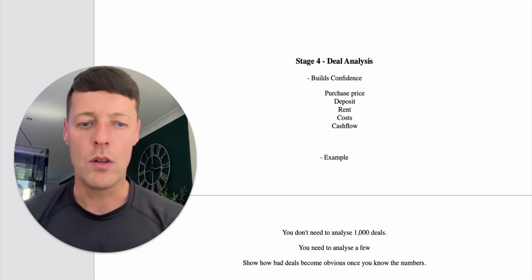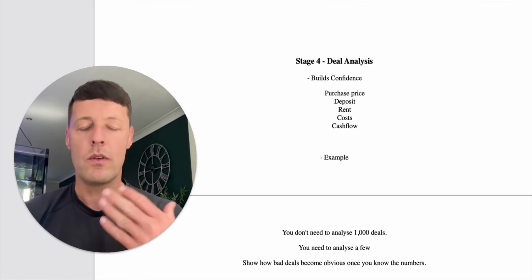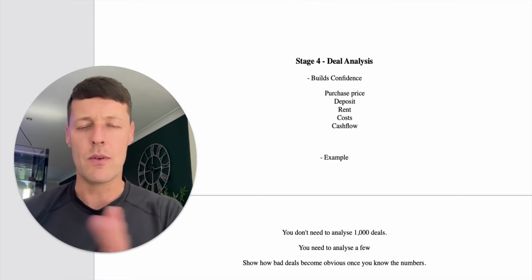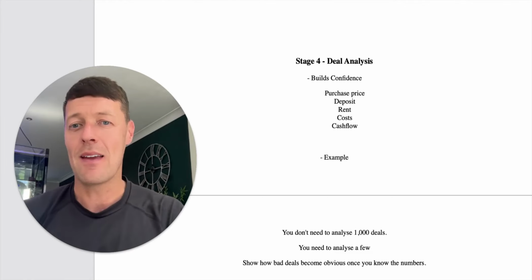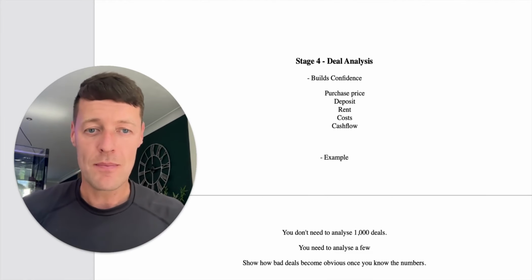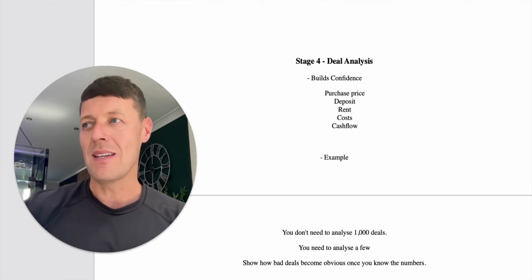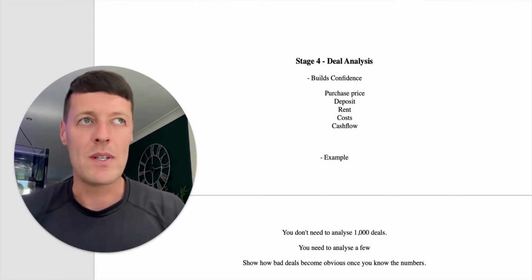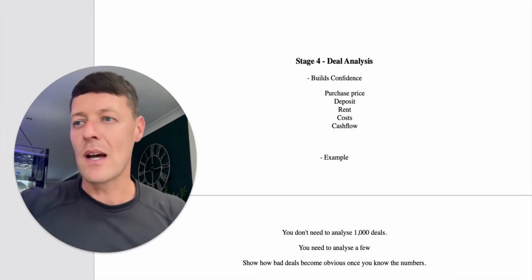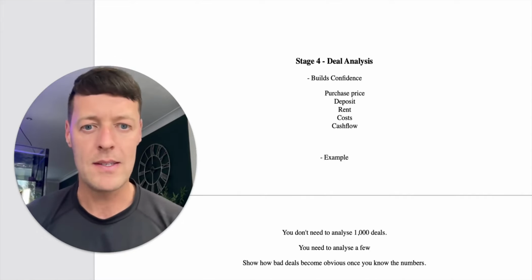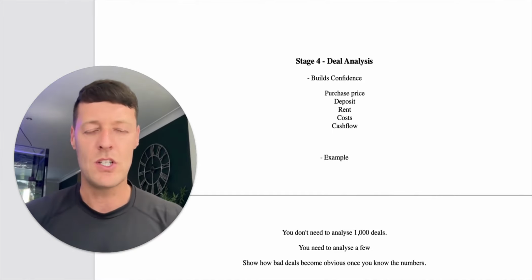So for example, if you go through the figures and the rent doesn't cover the mortgage costs and the outgoings added together, then clearly it's not a good deal. If your return on investment on the property is about the same as you could get in a bank account or in a stocks and shares account, then again, probably not worth it. Your property investment should be achieving much higher.